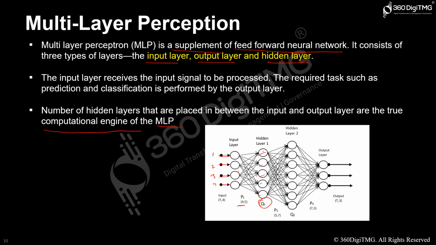And this 5-unit hidden layer is then moved forward to a 7-unit hidden layer, P2, 5, 7. What is happening here? It is further splitting to identify better features and to get accurate results.